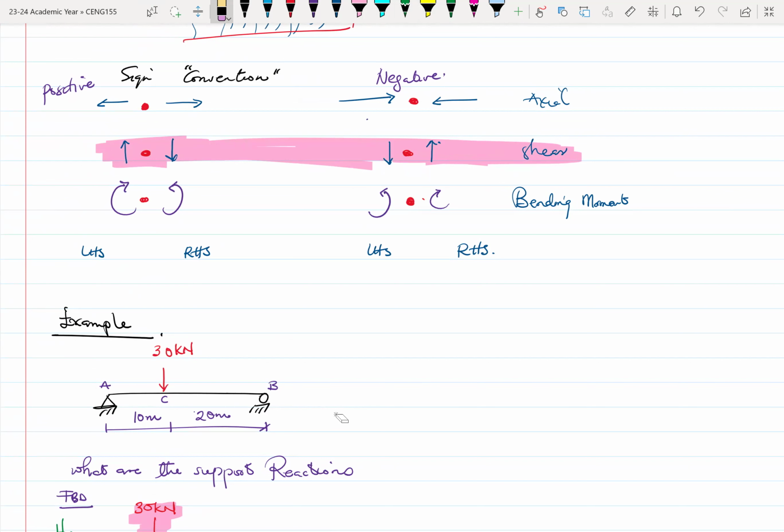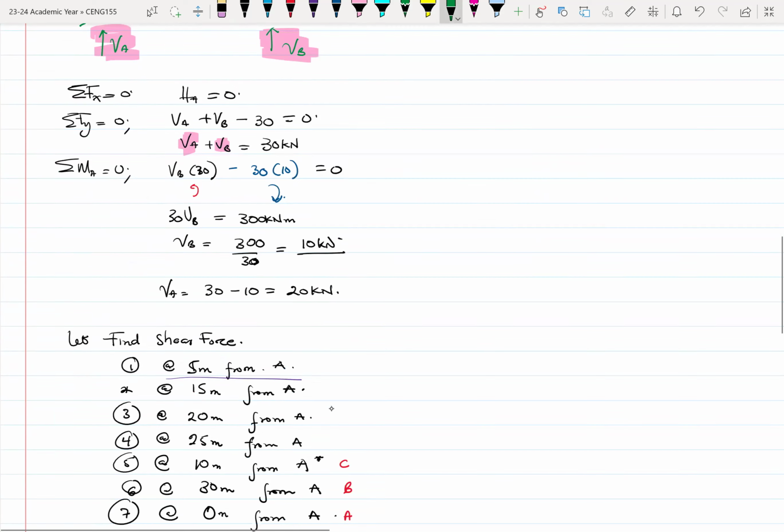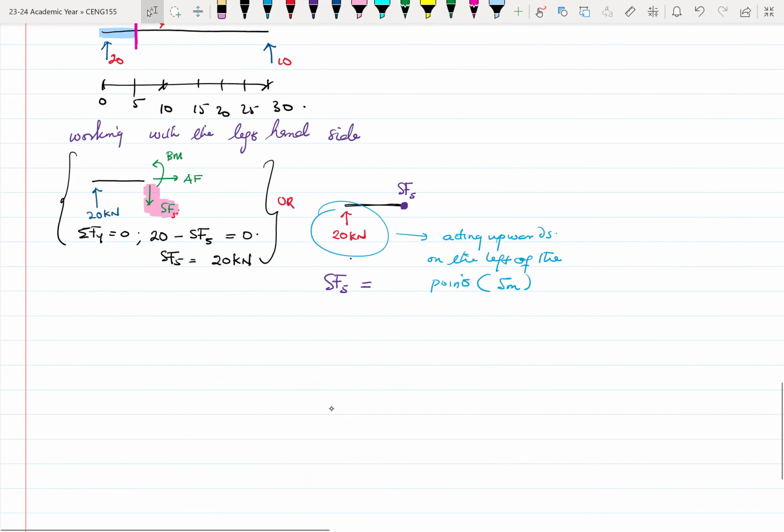Now we said our shear, the 20 is acting upwards and it's on the left. So if it's acting upwards and it's on the left, then it means that we are looking at this guy here. This is what conforms to the 20. It is acting upwards and it's on the left. So that makes the 20 positive. All right. So 20 is positive, and in this case, this becomes your shear force.